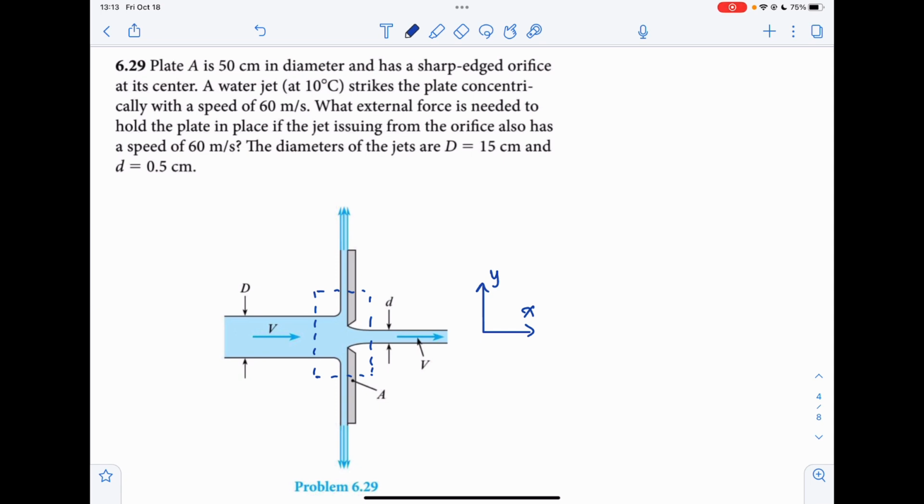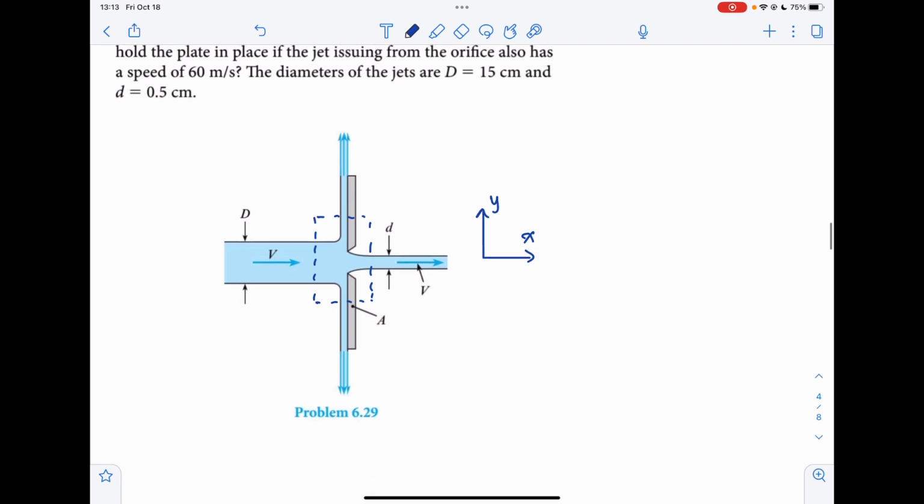For this problem, because the water jet strikes the plate concentrically, the water moving in the upward direction here and down direction here is evenly distributed, so we don't have any force in the y direction needed to hold this plate. The only thing we need to consider is the x direction force.